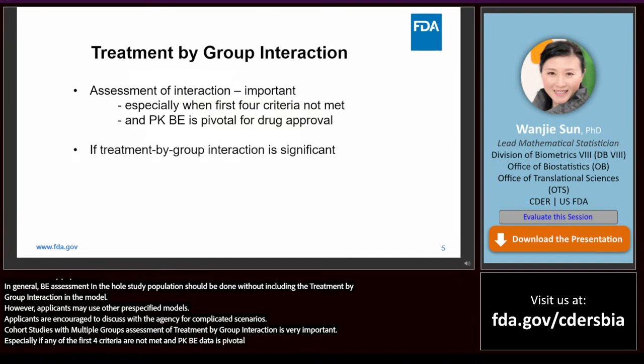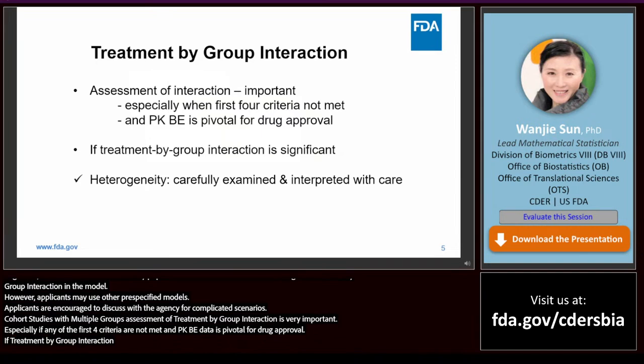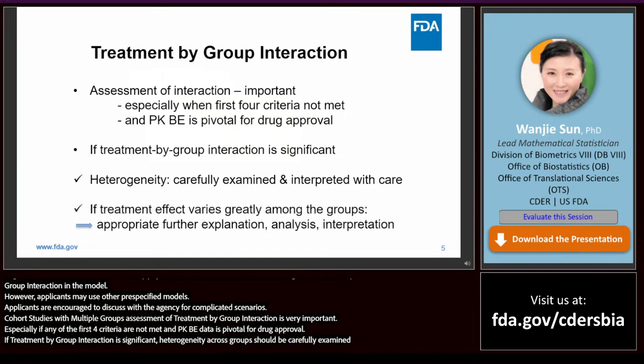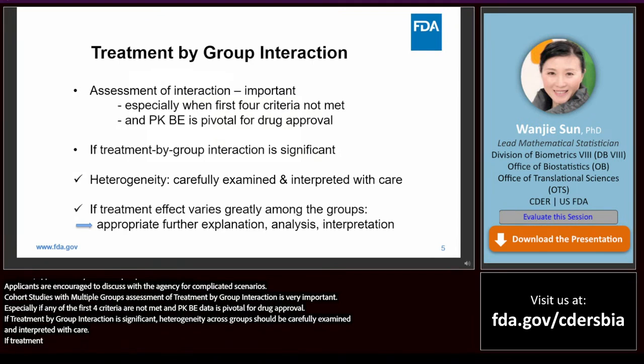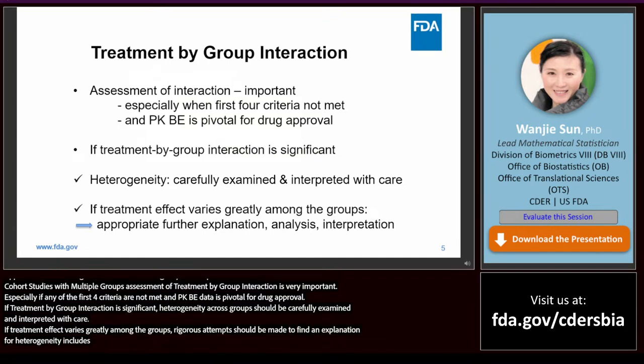If the treatment by group interaction is significant, heterogeneity of treatment effect across groups should be carefully examined and interpreted with care. If the observed treatment effect varies greatly among groups, vigorous attempts should be made to find an explanation for the heterogeneity in terms of other features of trial management or subject characteristics, which may suggest appropriate further analysis and interpretation.